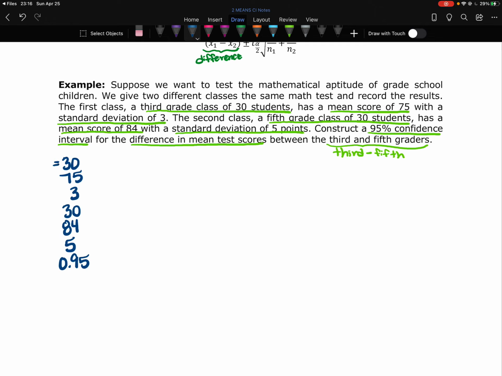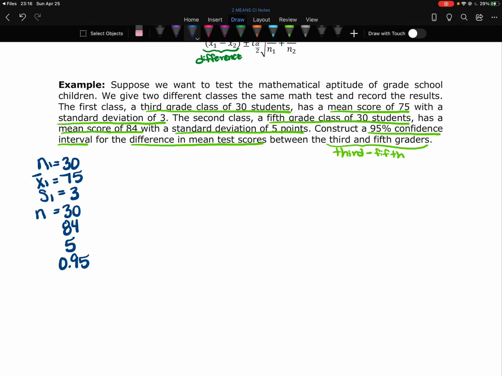So this first 30 is the number of students in the third grade class, so I'm going to call that N1. 75 is the mean of the third grade class, so that's going to be the sample mean of group 1, X bar 1. 3 is the standard deviation of the third grade class, so that's going to be S1.